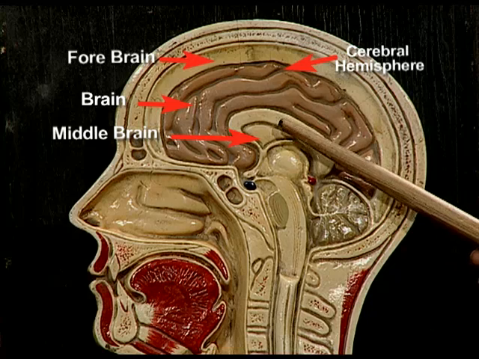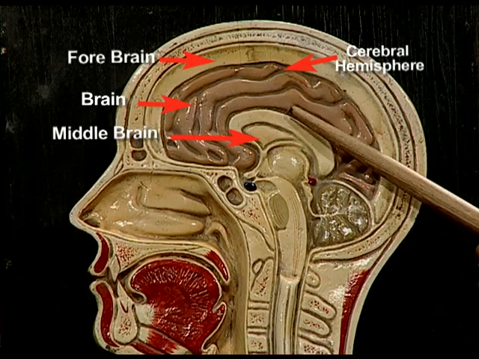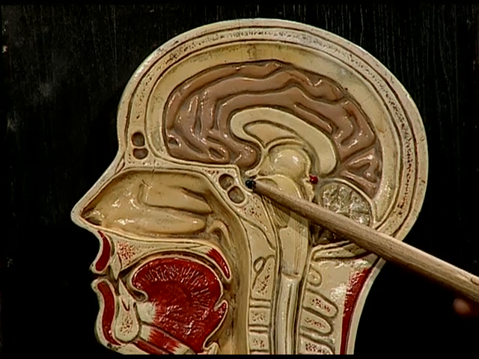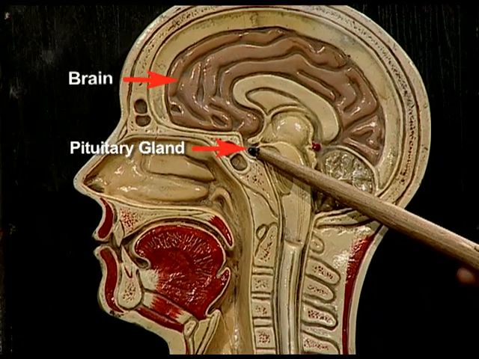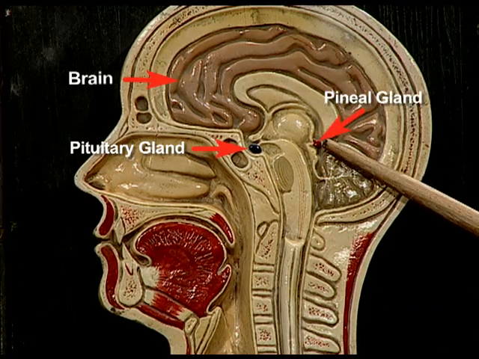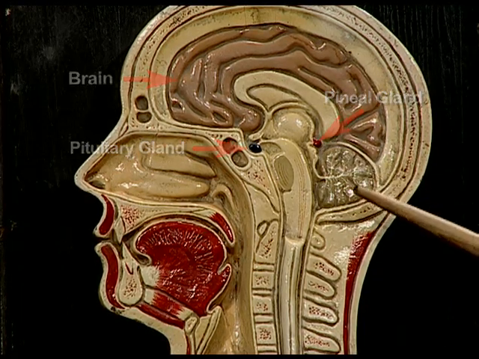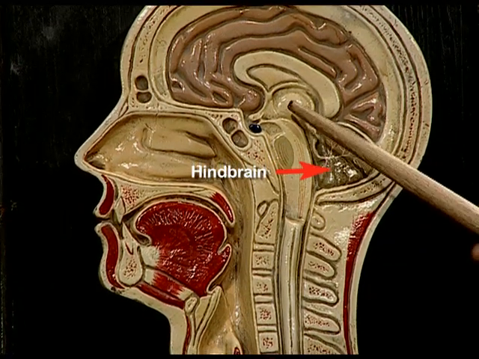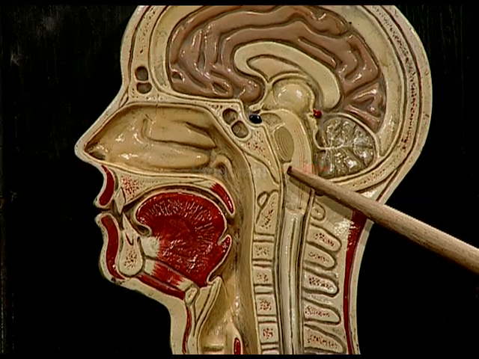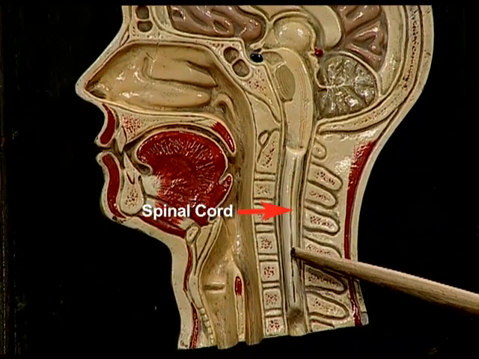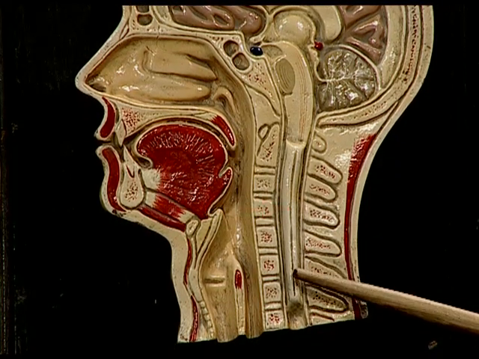The middle brain will come here towards the center, and you can see the hypothalamus here, and this is the pituitary gland, which is in fact at the level of your ear, and this red one is the pineal. This is part of the hindbrain, and the hindbrain continues as the spinal cord through the vertebral column, through each vertebra.